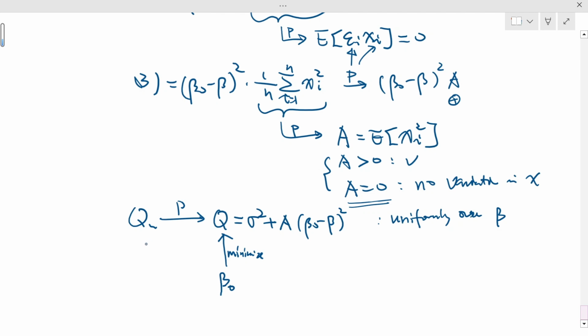When we are doing OLS, we are choosing beta to minimize Qn.